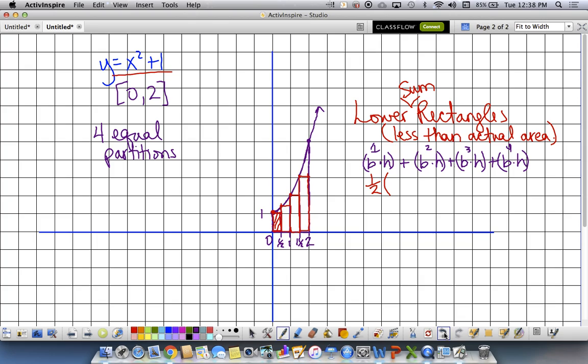Now, going back, what is the height of this rectangle? We can see, this one's pretty easy to see that my height is simply 1. But what's another way to get that 1? Well, I'm hitting the curve at x equals 0, right?